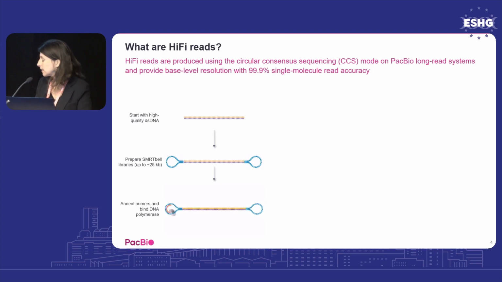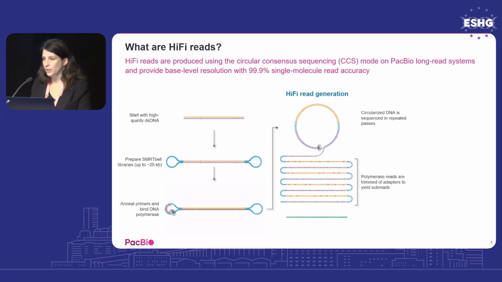Then we start sequencing on our instrument, could be Vega or Revio, depending on the throughput, and we generate a very long polymerase read length that could be over 100 kb. At the end of the sequencing run, we align all the subreads to keep only one HiFi read that is really high fidelity, because we correct the errors with all the different subreads.